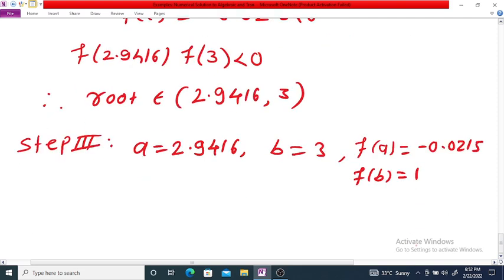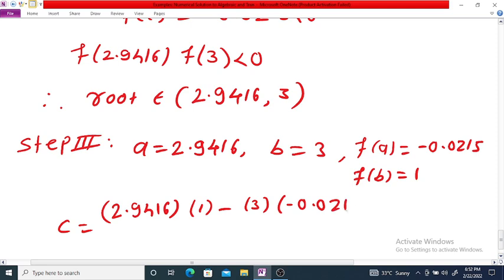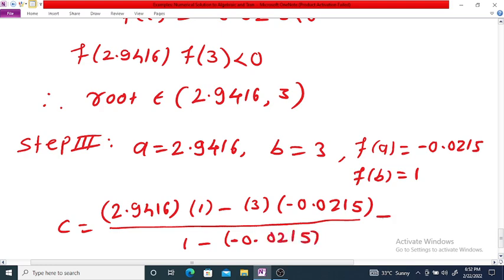So now c is equal to (a f of b minus b f of a) divided by (f of b minus f of a), that is 2.9416 into 1 minus 3 into minus 0.0215, divided by 1 minus minus 0.0215. If we simplify this, c is equal to 2.9428.